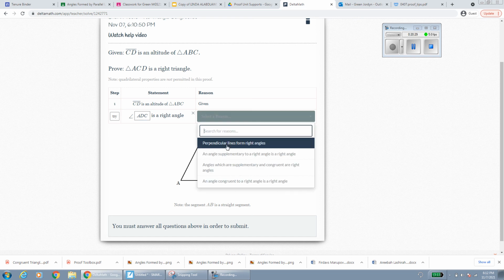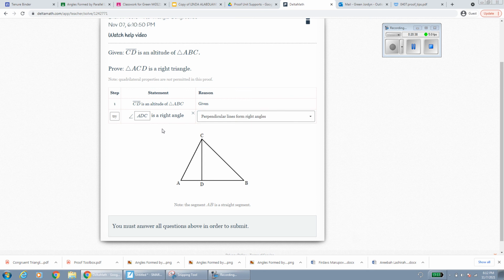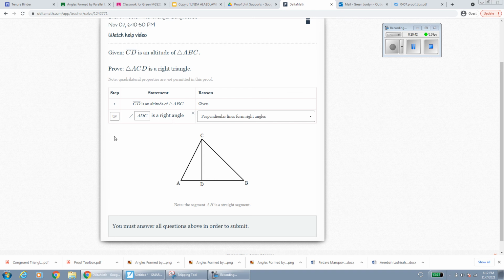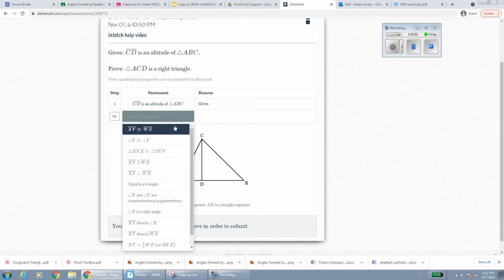And the reason is that not perpendicular lines. We have an altitude. Can we not put that in here? Let's try this one. Oh no, Delta Math doesn't like that. That's why I don't like Delta Math. I want to say something about the altitude. So let's figure out what we're going to do. So Delta Math doesn't like this.